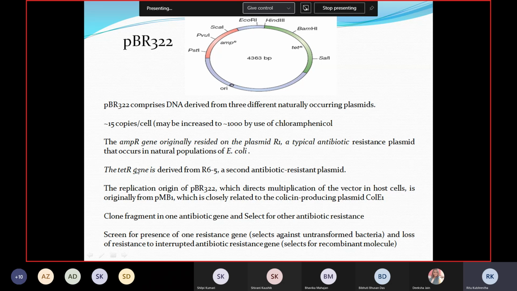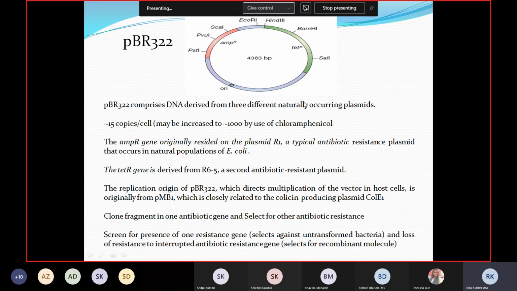The TET R gene, the gene that provides resistance to tetracycline, is derived from another plasmid, R65, and another plasmid, pBR320. The origin of replication in this plasmid is derived from pMB1, which is a close relative of a naturally occurring plasmid, ColE1, the colicin-producing plasmid.